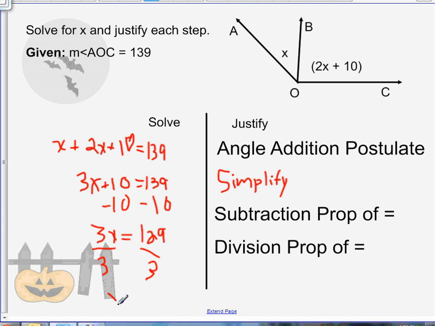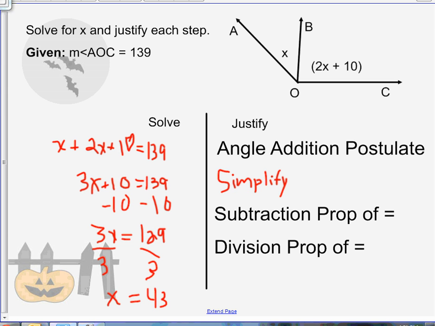And x is going to equal 129 divided by 3, which is 43. All right. So basically what we're doing is we're just taking a problem, we're solving it, and we're justifying each of our steps using a different property from algebra.